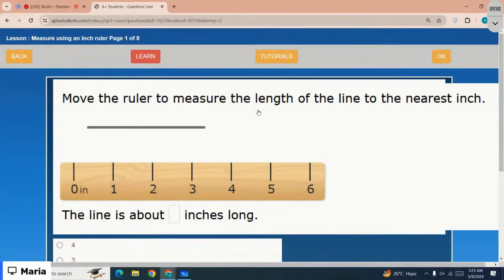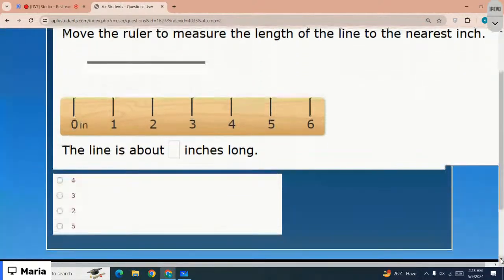So which is the correct option? The line is about dash inches long.